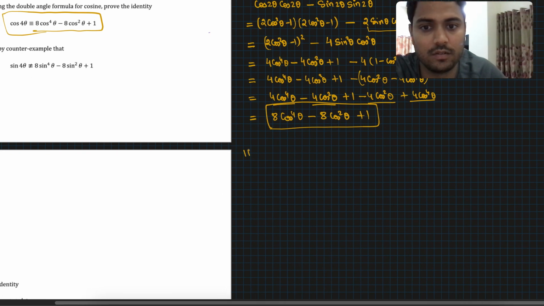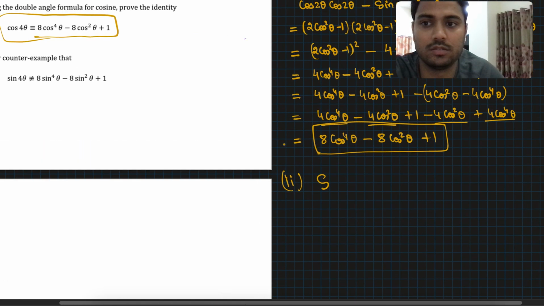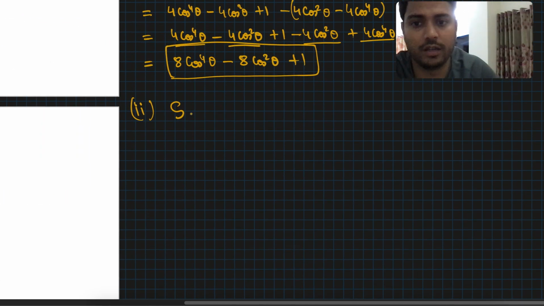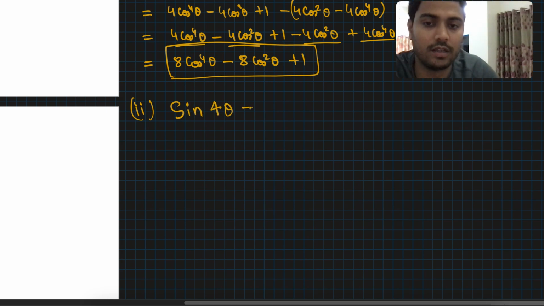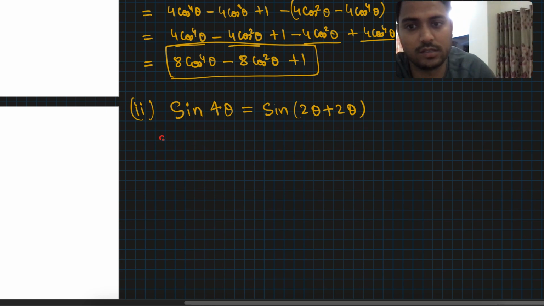I'm writing it here, second one. Okay, we can expand this. Now we know what we have to do. We have to apply the double angle formula for sine. So sine 4 theta can be written as sine of 2 theta plus 2 theta. So what is sine a plus b?